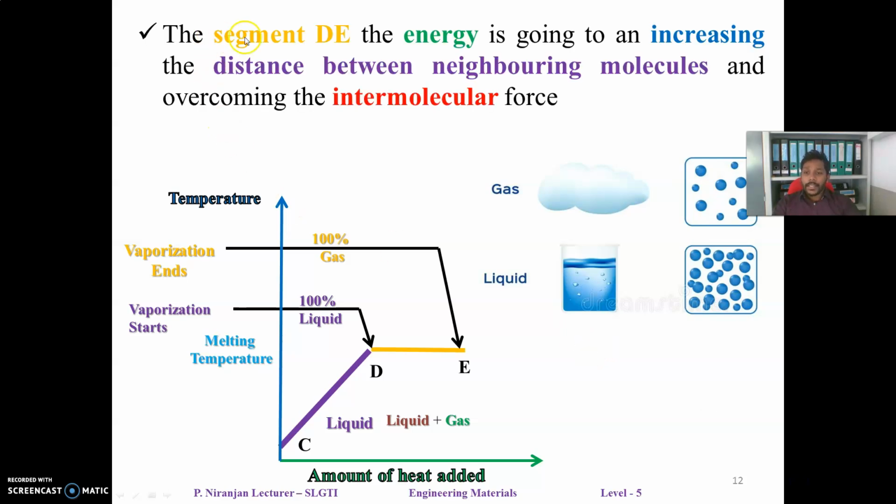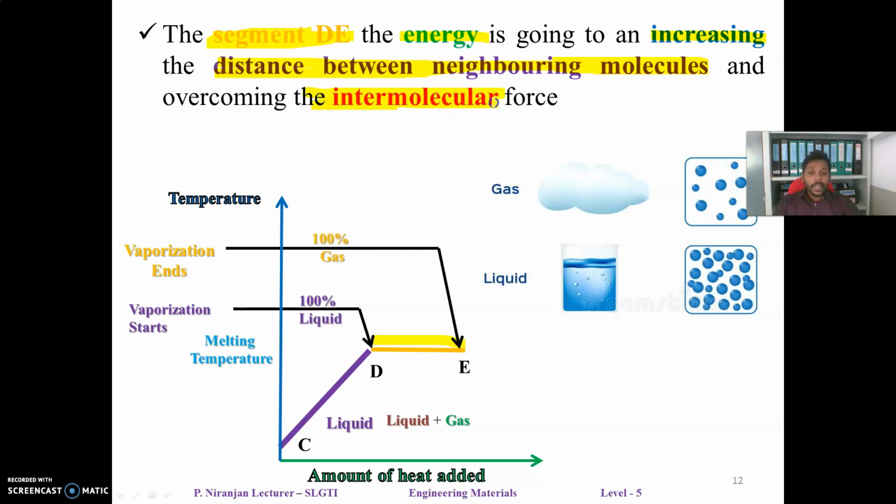So here, in the segment DE, the energy is used for increasing the distance between neighboring molecules and overcoming the intermolecular force.